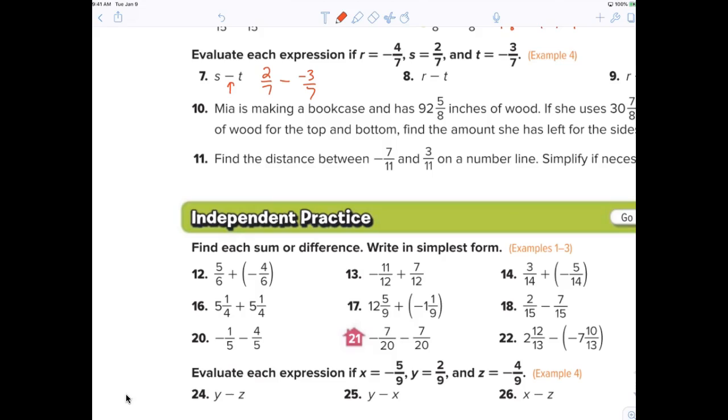Yeah. So now tell me the double negatives. Plus. Yeah, good job. So again, if you see a minus and a negative, do you have to write a minus and a negative? No. Or can you just write it as a what? You should just write it as a positive. Does that make sense? Okay, so I'm just going to put that as 2 sevenths plus 3 sevenths, which is 5 sevenths. There you go. 5 sevenths. All right.